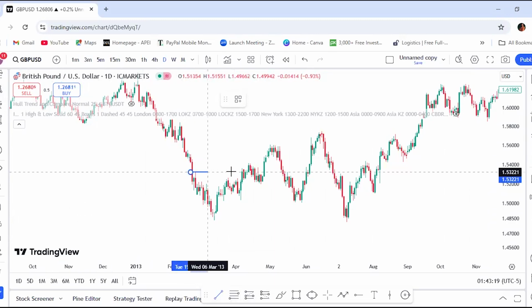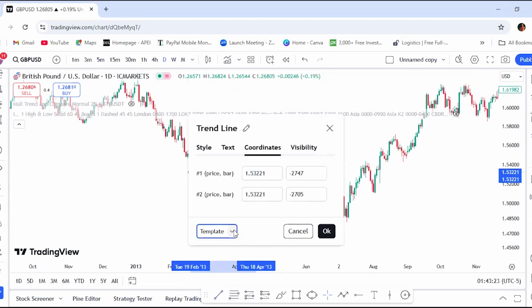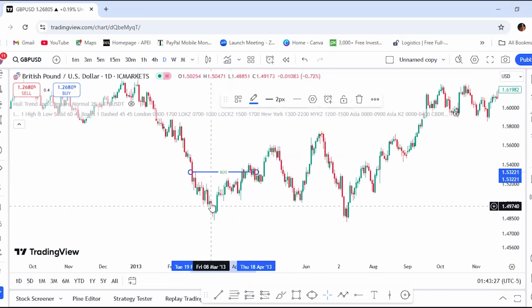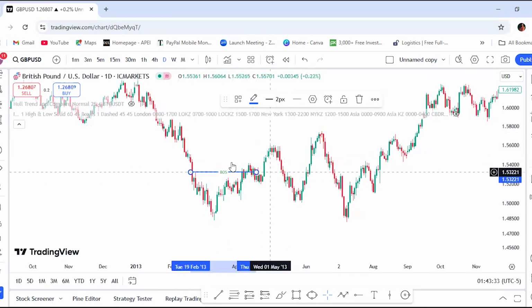That is where we have a change of character, or what we can call the break of structure. Change of character signifies now we have a change of trend from downtrend to uptrend. But it's also a BOS because the price is taking out the swing highs, right?